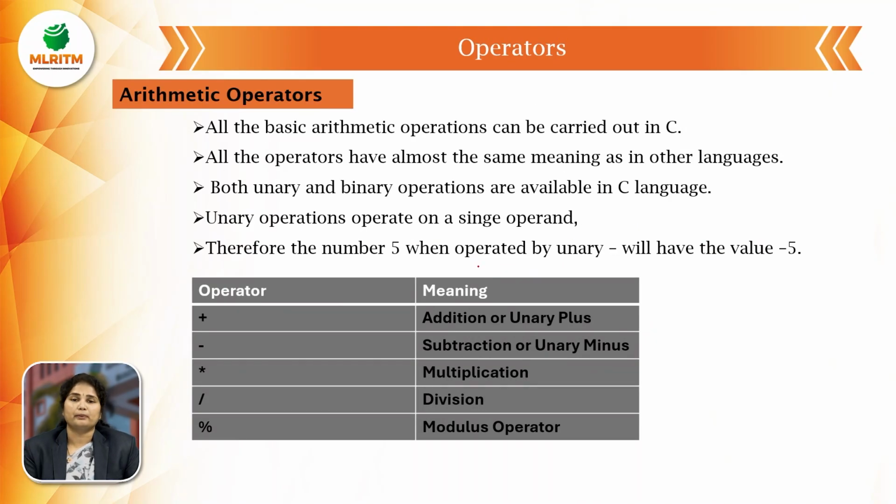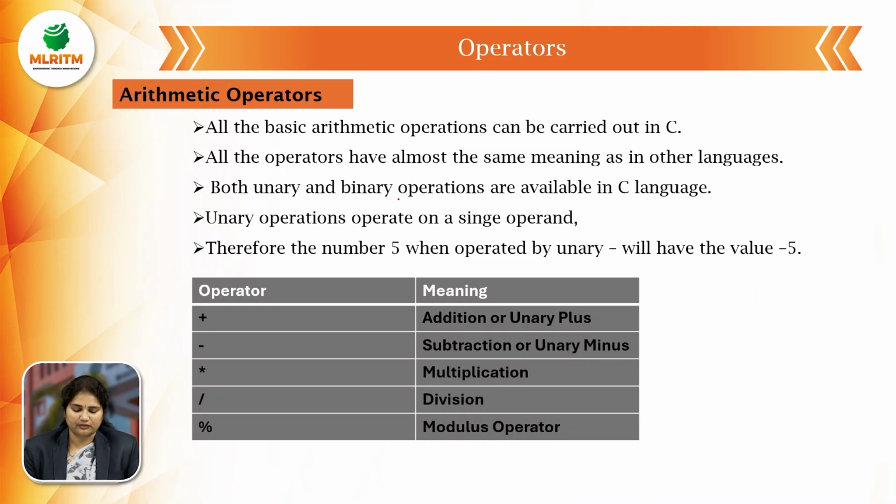Okay. First operator is arithmetic operators. All the basic arithmetic operations can be performed by using arithmetic operators. All the operators have mostly the same meaning as in other languages. Both unary and binary operations are available in C language.